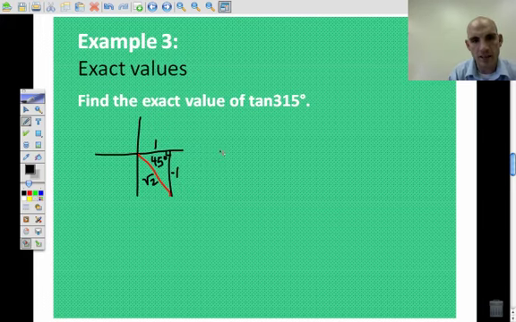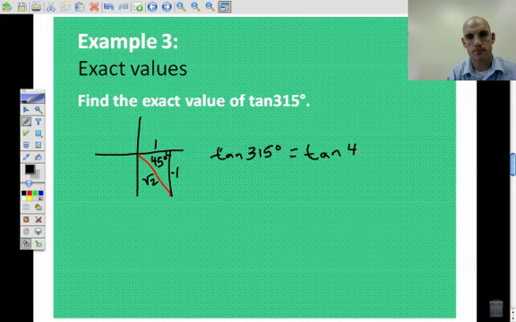Okay, and so when we're finding tangent of 315, it's really going to equal the tangent of, you guessed it, 45. Which means if my tangent is the ratio of y over x, then it's going to be equal to the opposite over the adjacent.